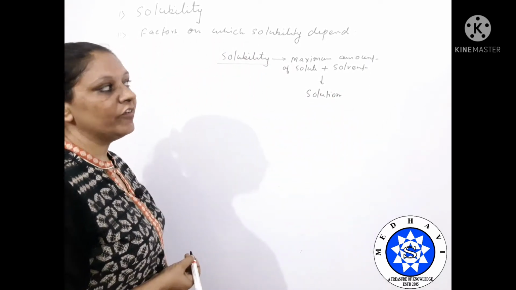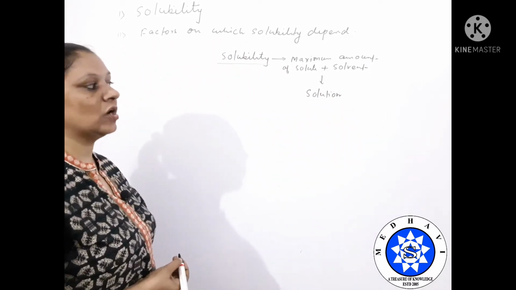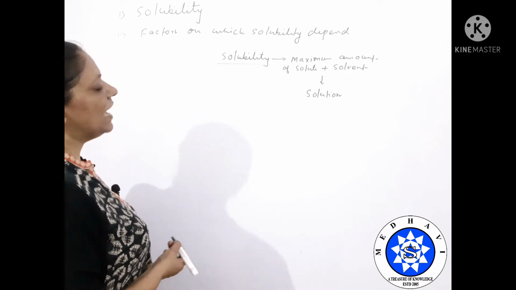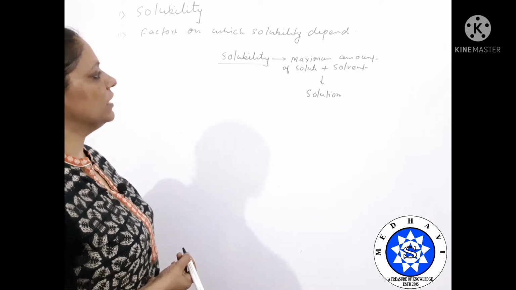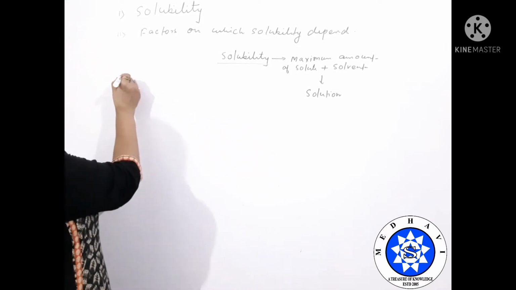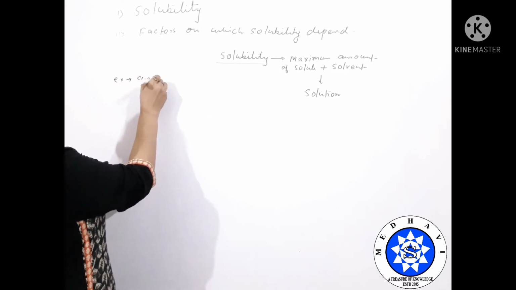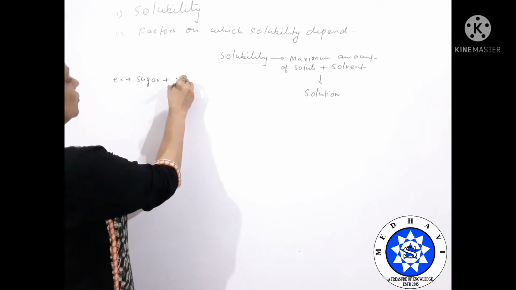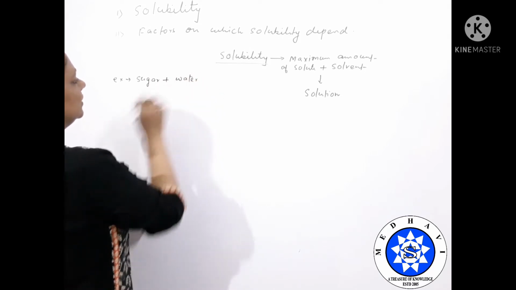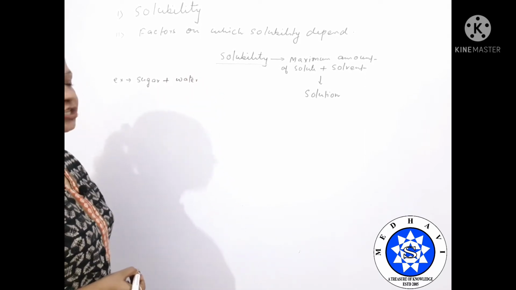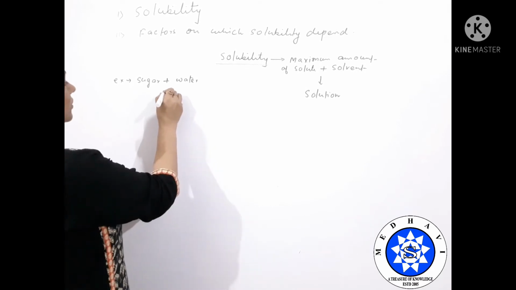So when we add solute in a given solvent, then we have two conditions. You can take the example that if sugar is added in water, then two conditions can be possible.